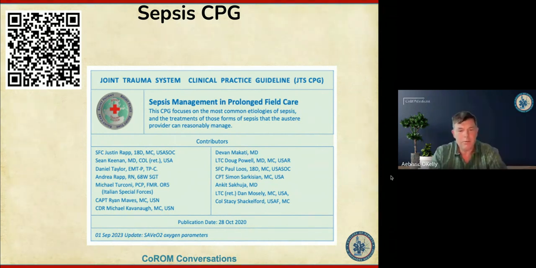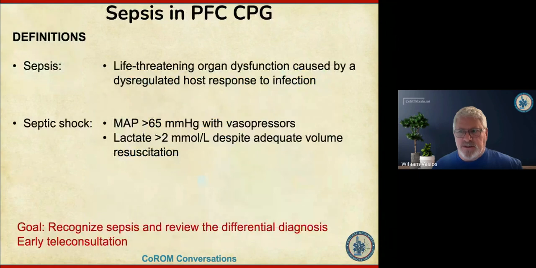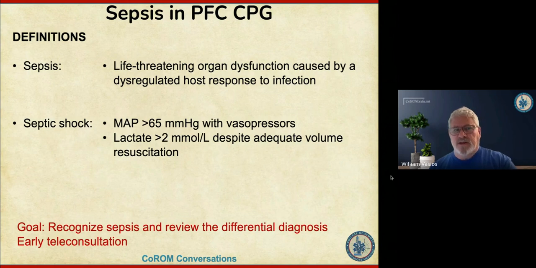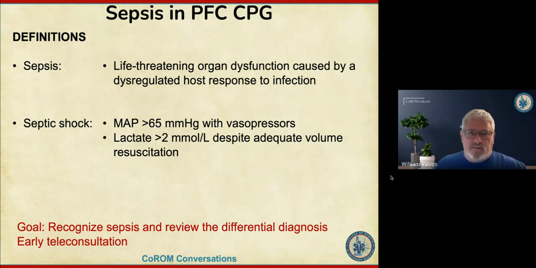All right. So understanding what sepsis is, is a big thing that I tend to talk about. It's kind of a spectrum from bad infection to crossing over into sepsis, and then crossing over into septic shock. And I think the CPG does a pretty good job of outlining that.